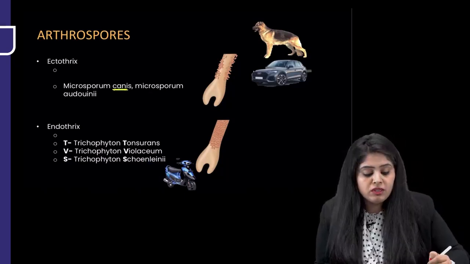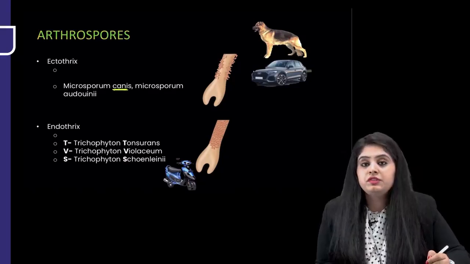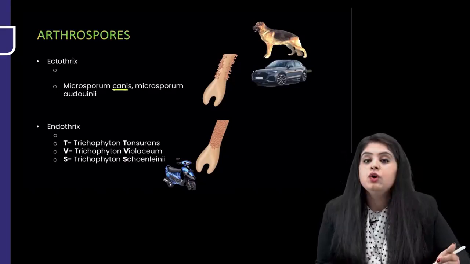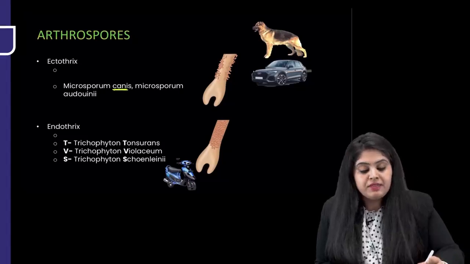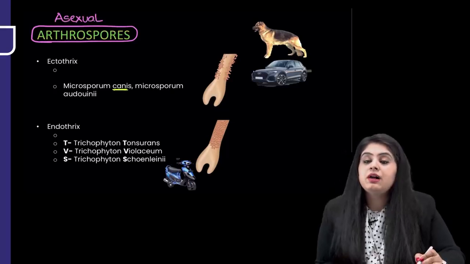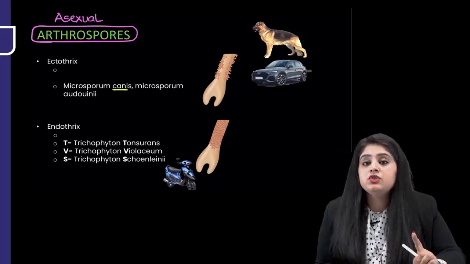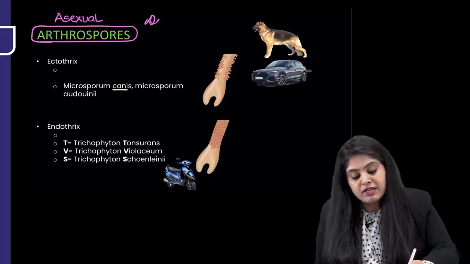So if you go all the way back, guys, to the first part where I told you the introduction of the sexual and the asexual spores, over there you are going to analyze that there was something known as the arthrospores, and arthrospores were coming under the asexual spores, if you remember. And also please remember, I told you arthrospores are present in two places, coccidioidomycosis, which I'm yet to teach you, and the other one was the dermatophytes.